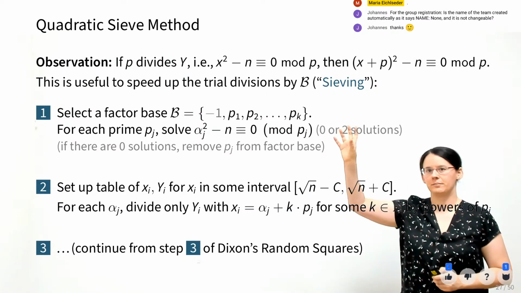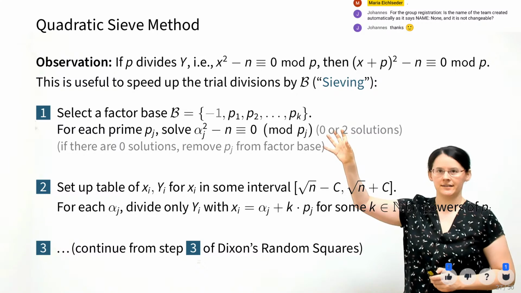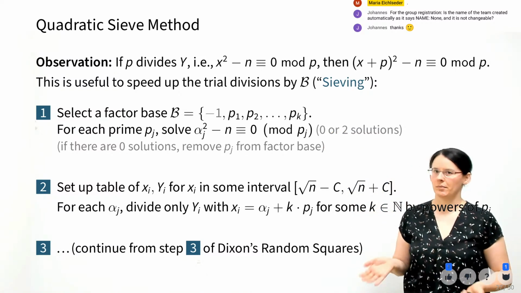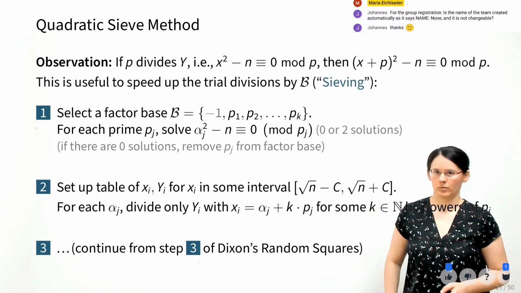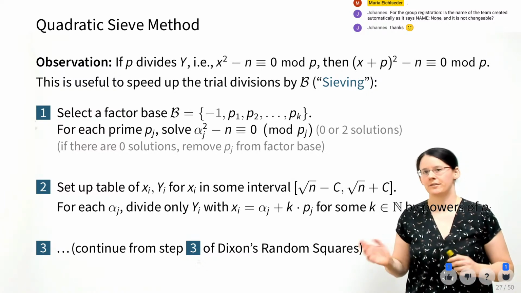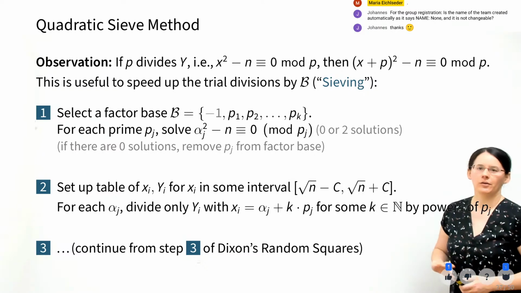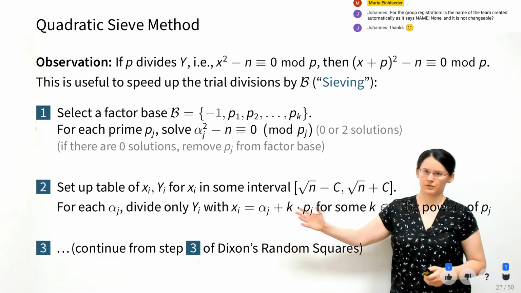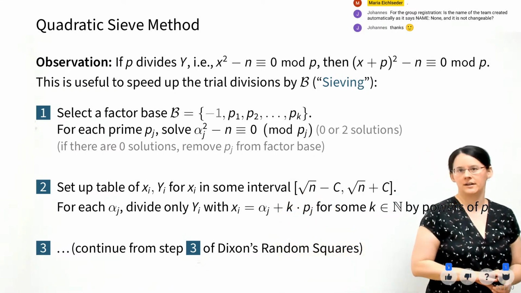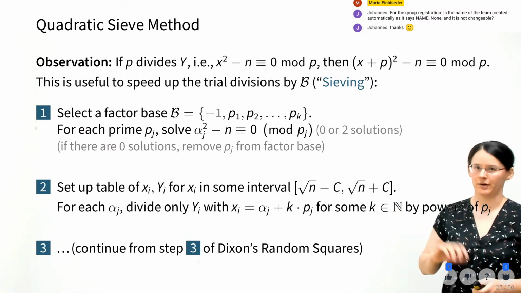So we use these starting points to decide where to divide, but otherwise we set up the table more or less in the same way. We can now try to store it more efficiently, but the basic idea is the same. And now for each of our solutions, we divide all the relevant numbers by the relevant prime numbers.